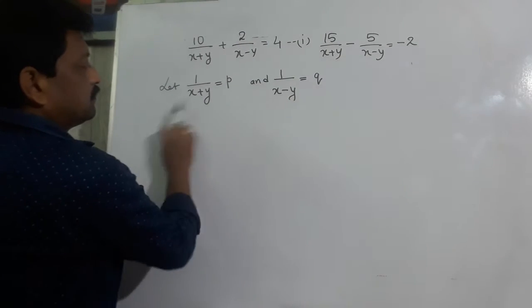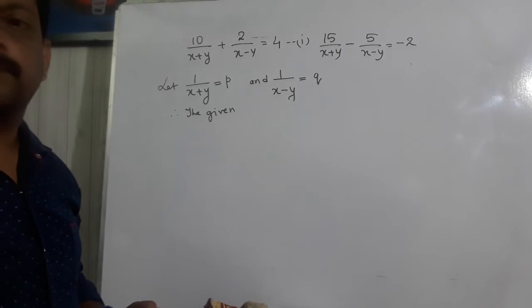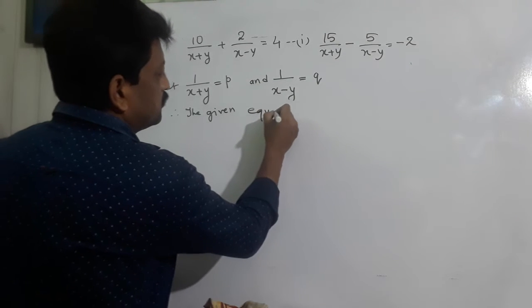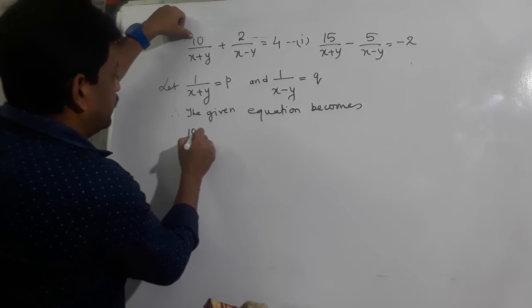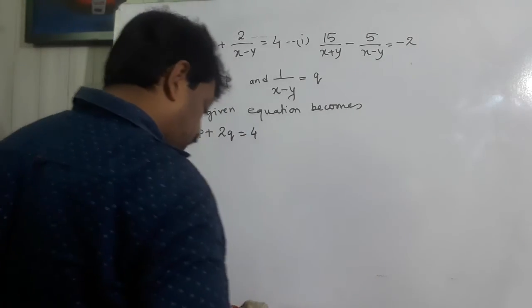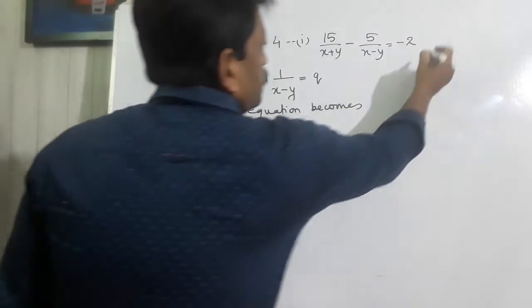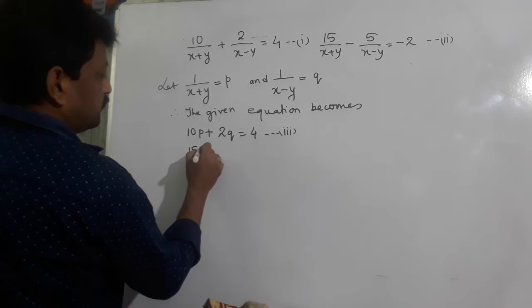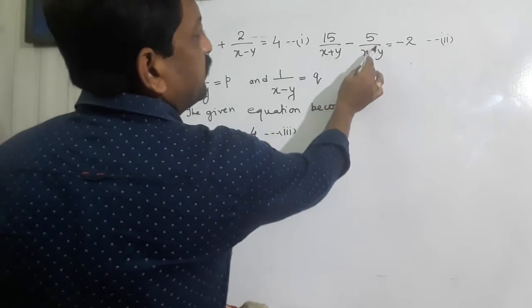Therefore the given equations become, the first equation will be 10p plus 2q equals to 4, this is equation number 3, and the second one will be 15p minus 5q equals to minus 2, this is number 4.